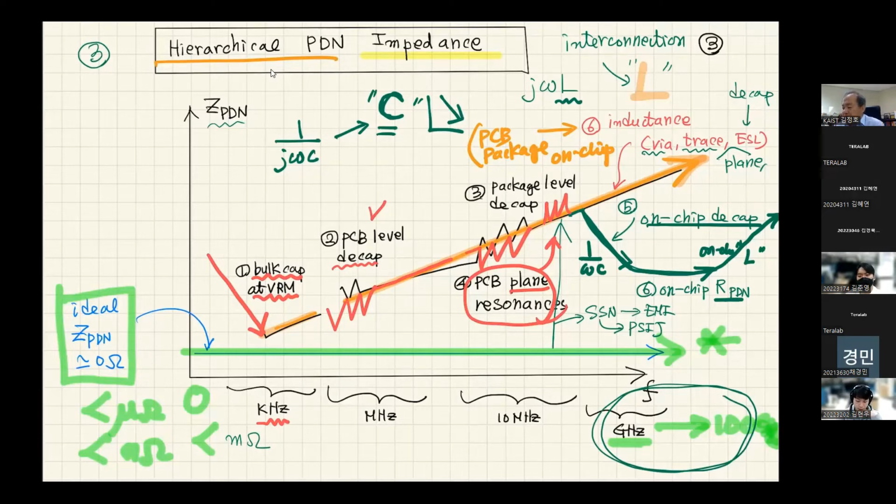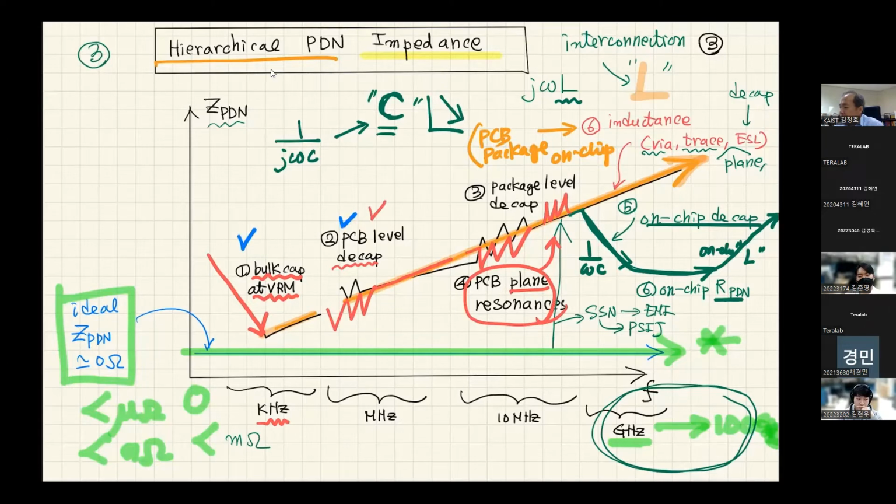So by engineering the bulk decoupling capacitor at the VRM, and in the megahertz range, if you want to reduce the switching noise, you have to control the PCB level decoupling capacitor designs.